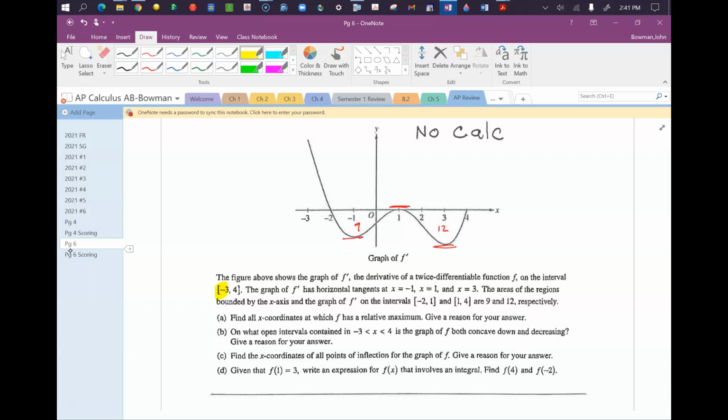At x equal -2, f prime changes from positive to negative, which means that f goes from increasing to decreasing, so x equal -2 is definitely one place where f has a local maximum.